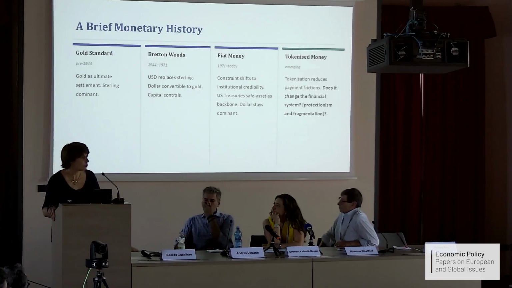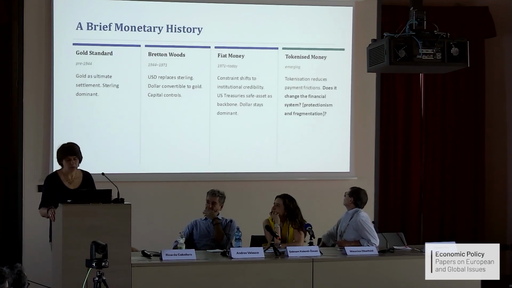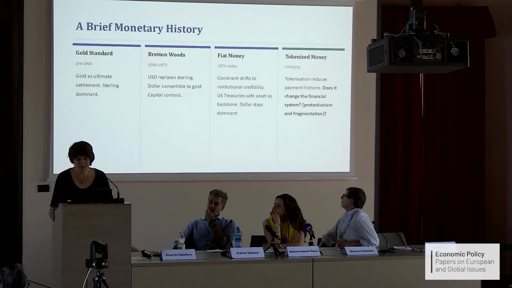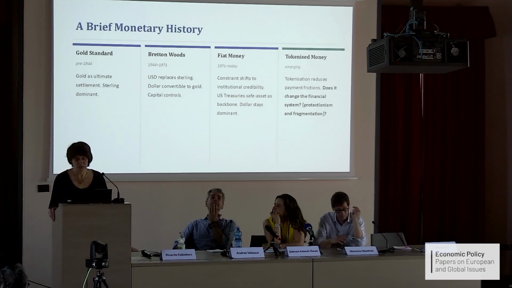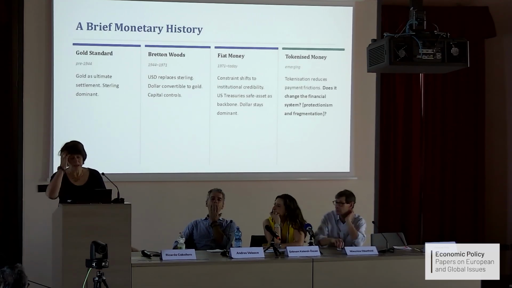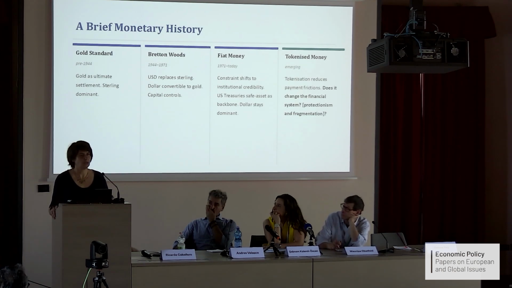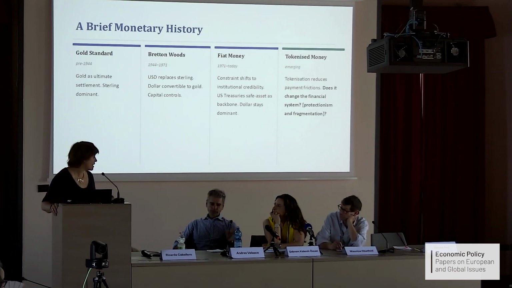I mean, it's hypothetical again, but we do see new technologies, and these new technologies, I'm talking about tokenization of money and cryptocurrencies, might actually be introducing new means to do protectionism and fragmentation.